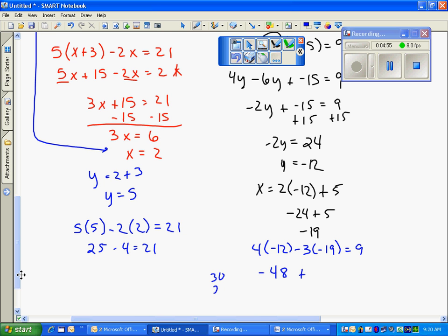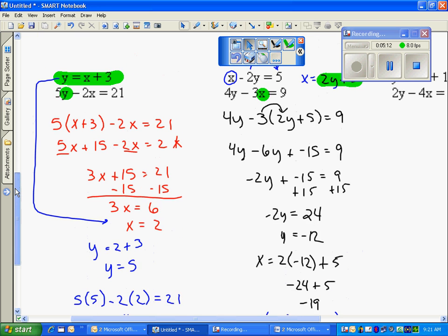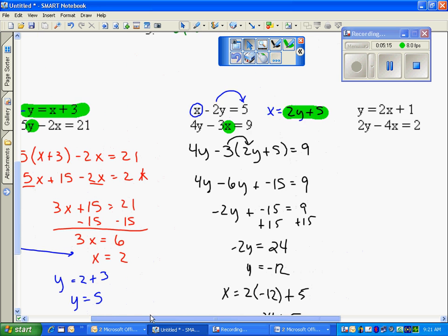Looks like it's positive 57. Negative 48 plus 57 is in fact 9. So the ordered pair, we want to write it as an ordered pair, negative 19, negative 12, is a solution to that system.